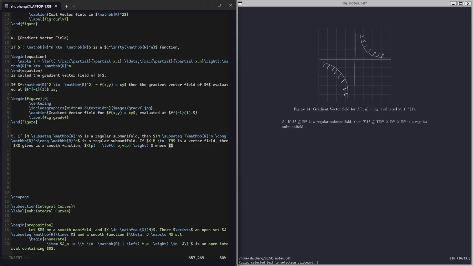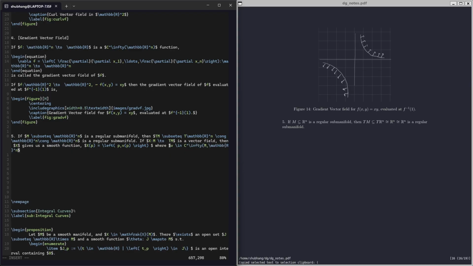Where v is in C infinity of M comma R^n and v of p is in T_pM.